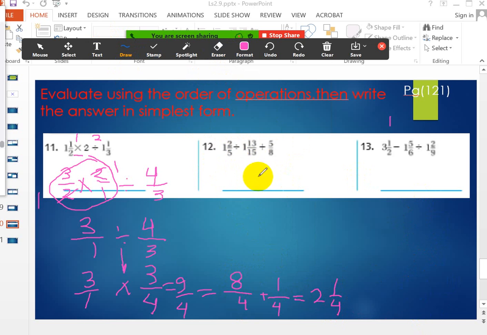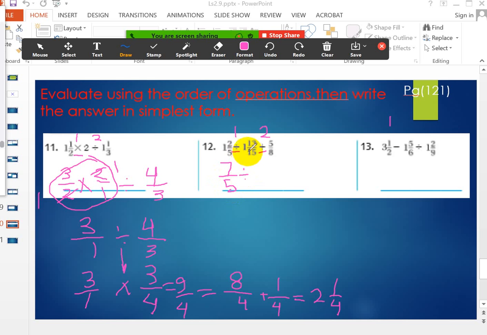Let's do number 12. Here I have division and addition. So I have to do first the division, then the addition, the plus. So first thing, let's divide. I have to write all numbers as fractions. 1 multiply 5 equals 5, plus 2 equals 7 over 5.